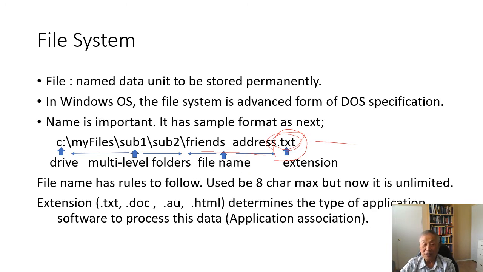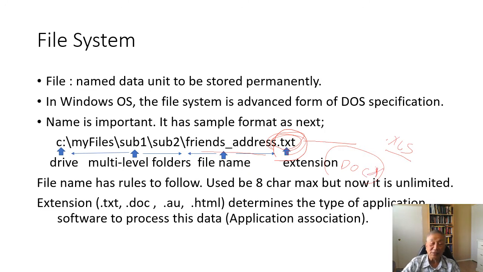So TXT, just as the name says, is text. If it's a friend's address or whatever, then this is a text file. If it says .xls, and you've got some experience, that's Excel. Then DOC, I know that DOC is something to do with documentation, and actually it's a Microsoft Word file. There are many other extensions that Microsoft Word will use, but DOC is the most common one. Of course, you may see a lot of them with the X there.